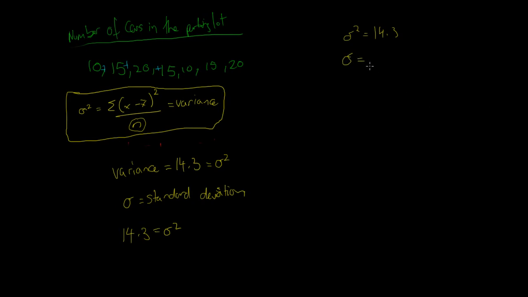So our standard deviation will be the square root of 14.3. That's just me square rooting this number here, 14.3, to get my standard deviation. So the standard deviation for this data set is equal to 3.78, and I've rounded that again.